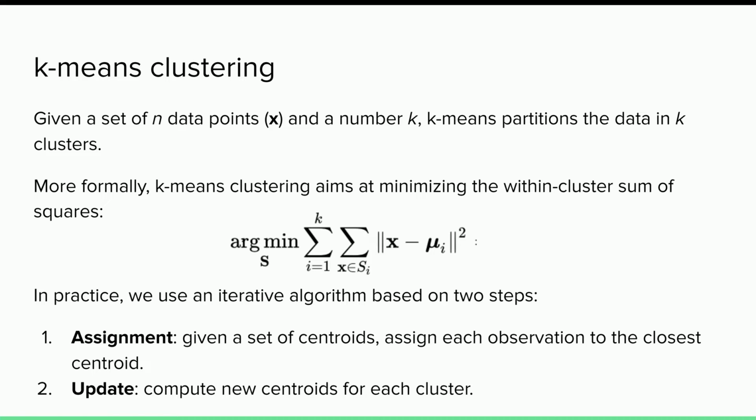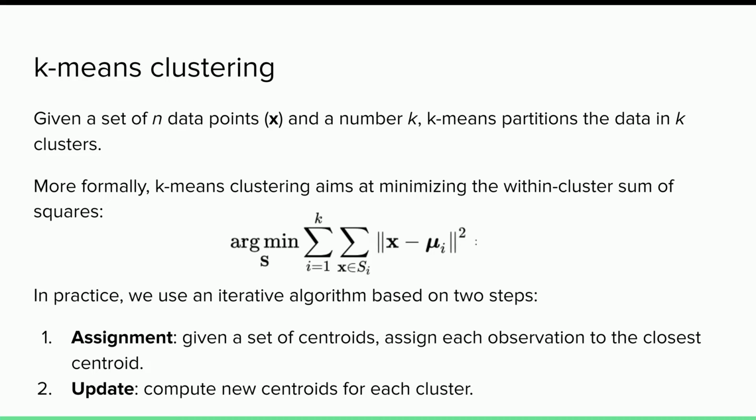So say, for example, I choose k equals 10. Formally, k-means aims at minimizing this within-cluster sum of squares criterion, shown here, where X is, again, our matrix, and we're interested in estimating mu i, which are the centroids, the centers of the k profiles, for each of the i groups up to the number k.